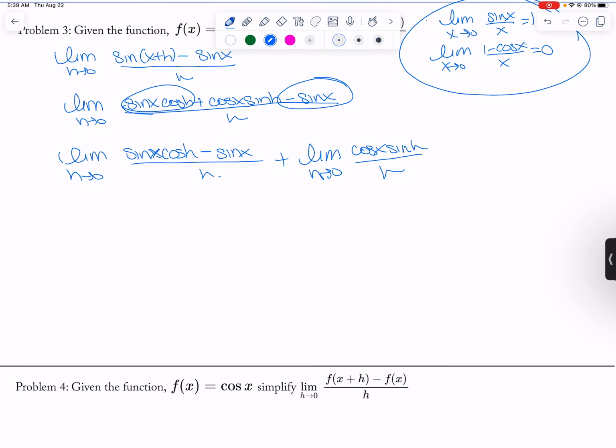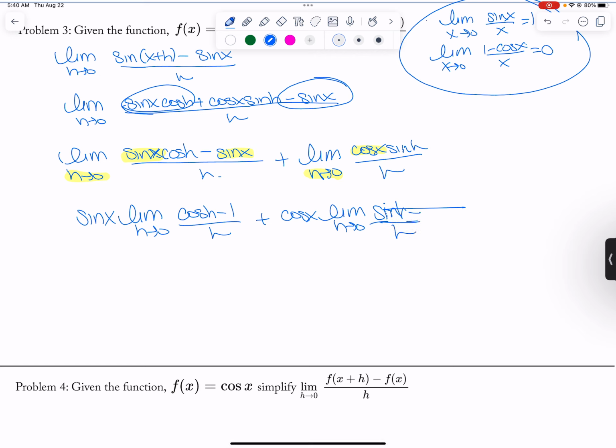Okay, so now I factor out my sine of x and my cosine of x, because remember, I can factor out anything outside my limit as long as it doesn't have h in it, right? So if I factor out my sine of x, I'm left with the limit as h approaches 0, cosine h minus 1 over h, plus cosine of x, limit as h approaches 0, sine of h over h.